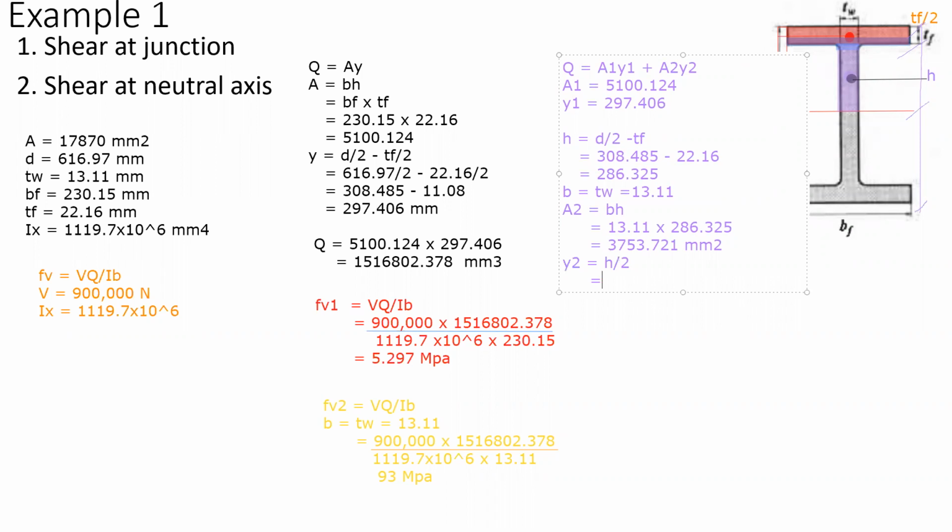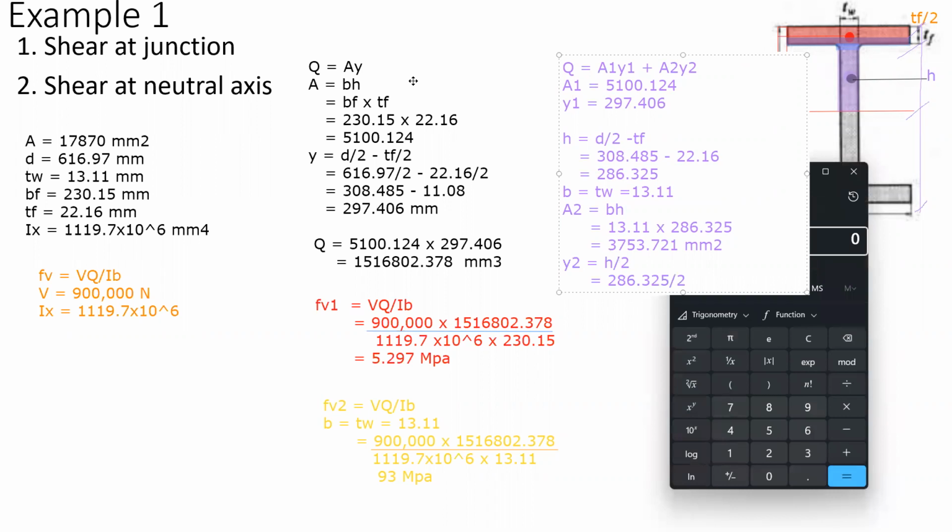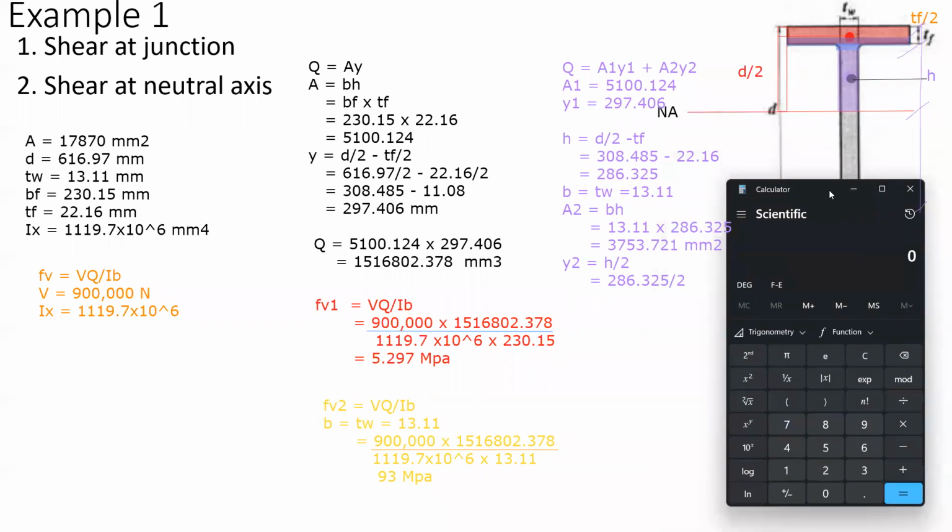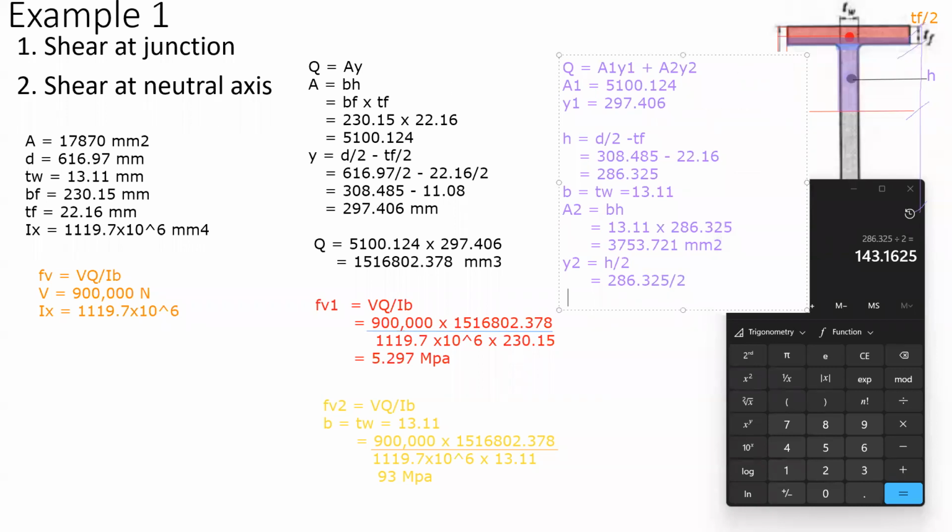And the value of H is 286.325. So divide natin yan by 2. That is 143.1625. Ayan. And we could now solve for Q.